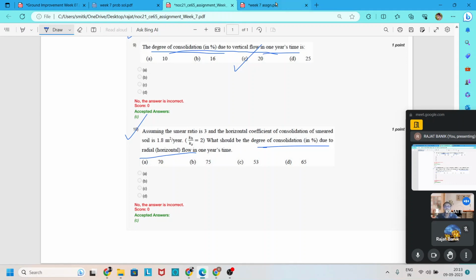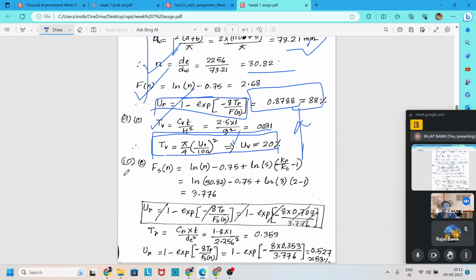So first we need to modify our formula, and for this we need to modify our Fn. It is given by this formula: ln n minus 0.75 plus ln s into (kh by ks minus 1). By this formula, we find out the Fn.